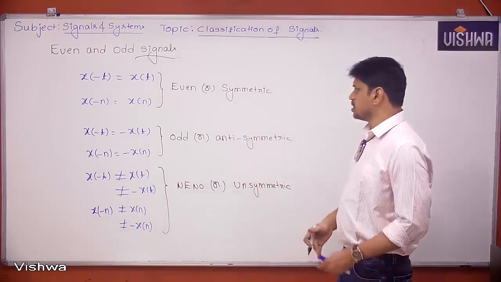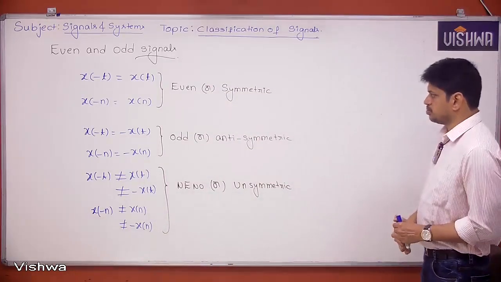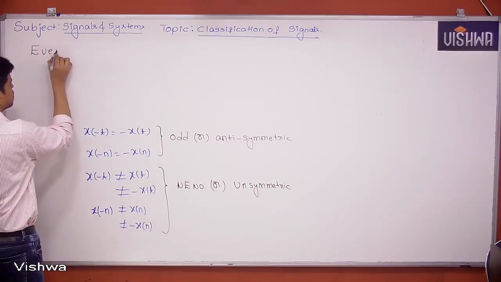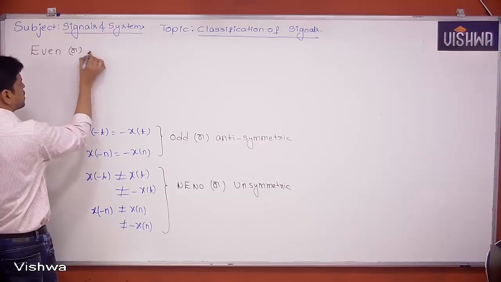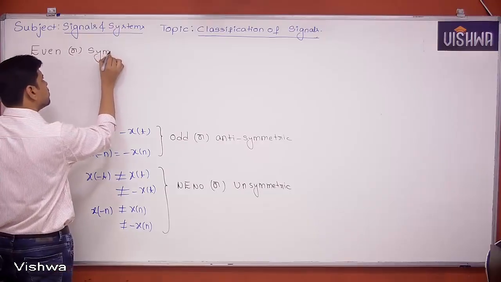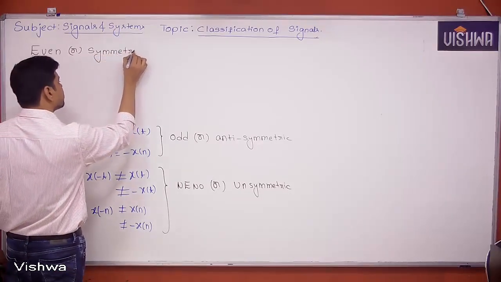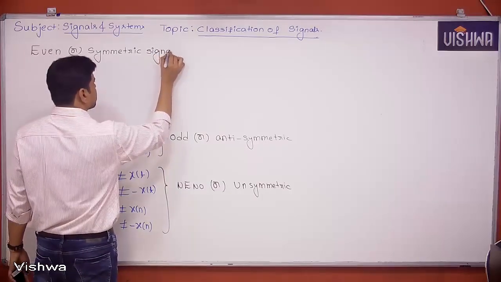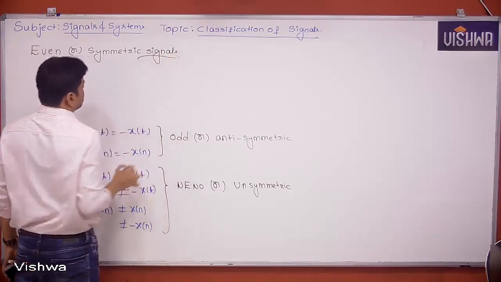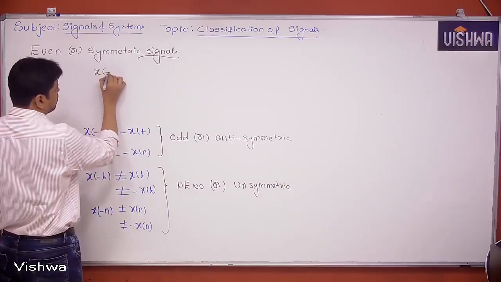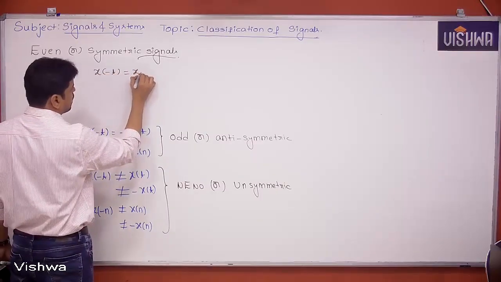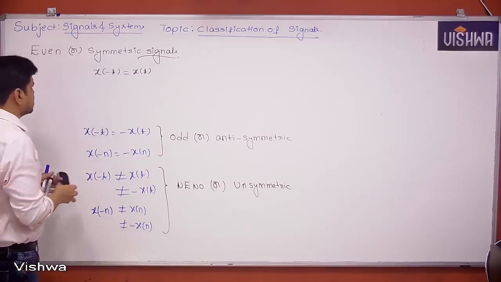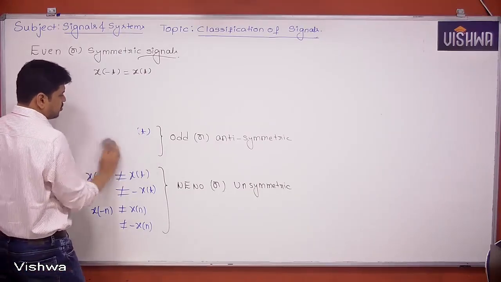So take this first signal again, even or symmetric. We know the definition, x of minus t has to be x of t. If this condition is satisfied, then we can call that signal a symmetric signal or even signal.